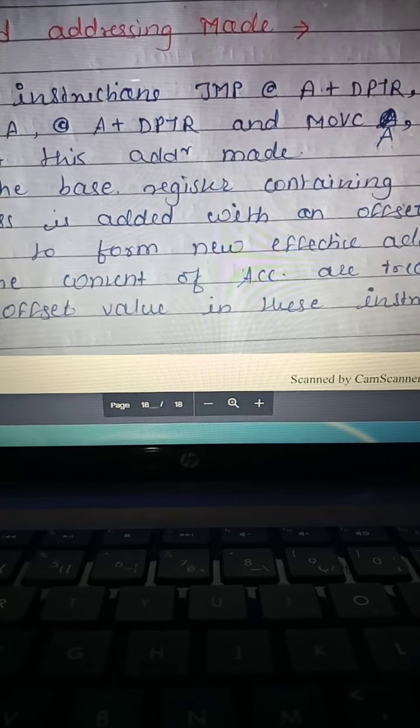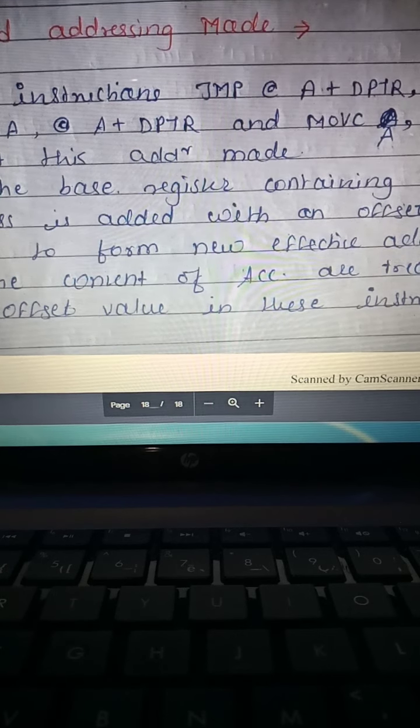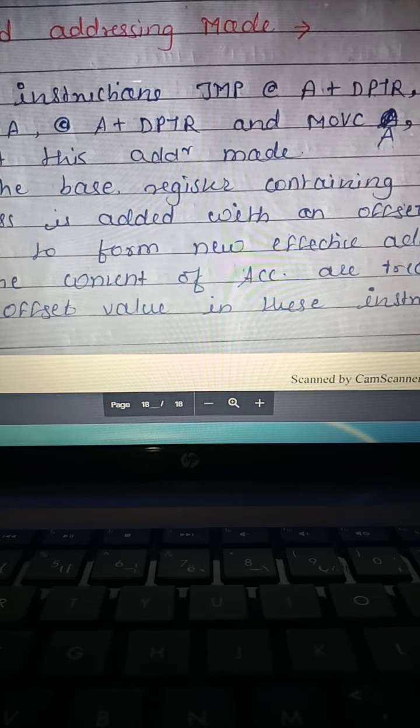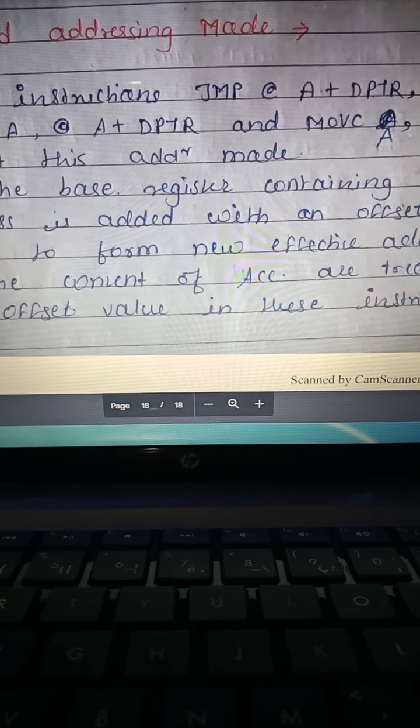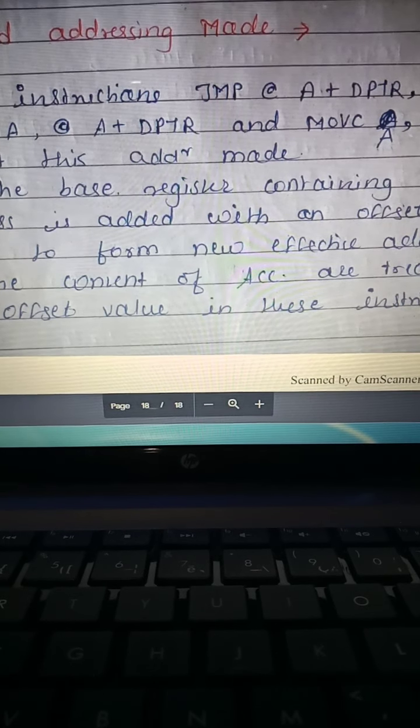The base register containing a 16-bit address is added with an 8-bit offset to form the new effective address. The content of the accumulator is treated as the offset value in these instructions. So these are the indexed addressing modes, and these 8 modes are used by the 8051 microcontroller.